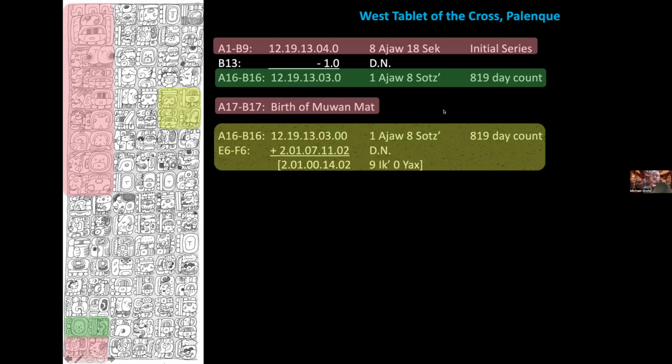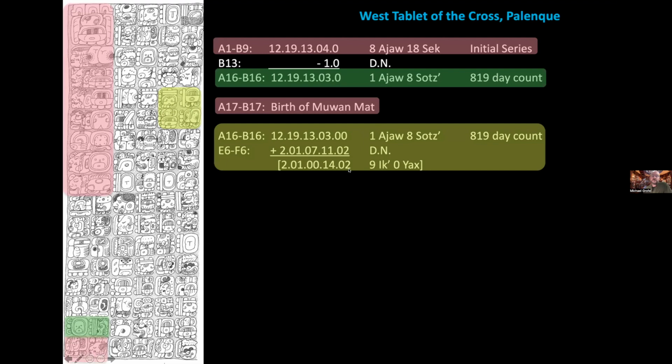And we skip forward to the date, from the day 1 Ahau 8 Sots, which is counting interestingly from the 819 day count. And Hermann Beyer was, I believe, the first to notice this, that if you do count with this distance number, it reaches an unstated date of 9 0 Yash.